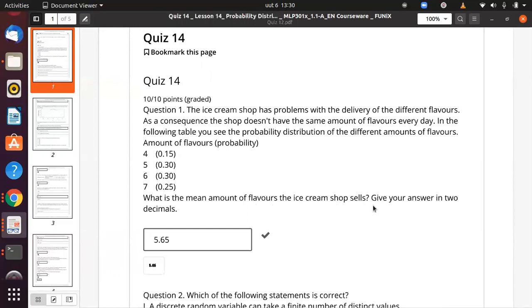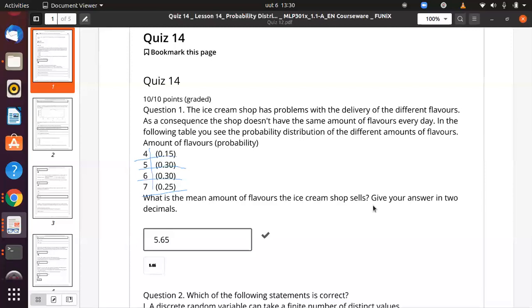So we basically have a table here, so you need to multiply, like 4 times 0.5, something like that. In the following table, what is the mean amount of flavors?